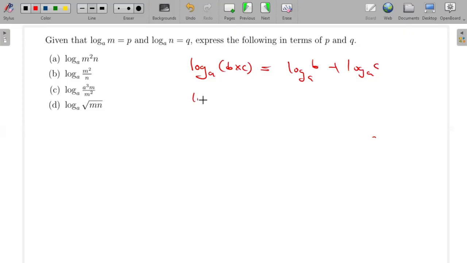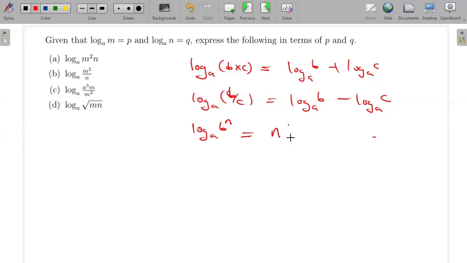And if we have log a of b over c, this will be log base a of b minus log base a of c. And if you have log a of b raised to a certain power, let's say n, this allows me to drop the power in front: n times log a of b, like that.